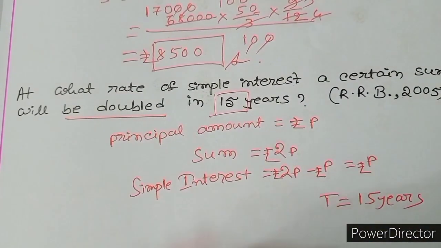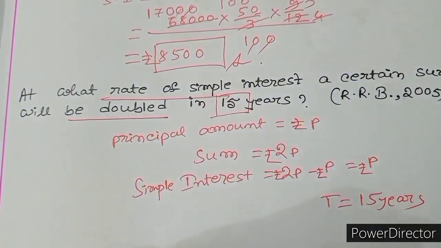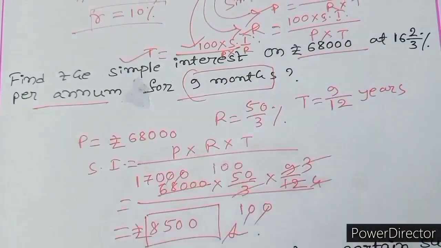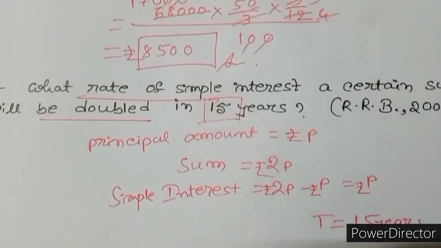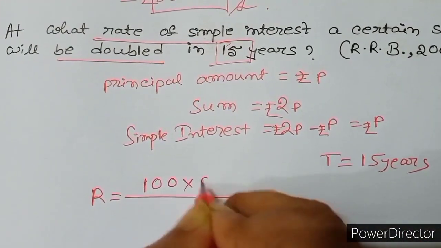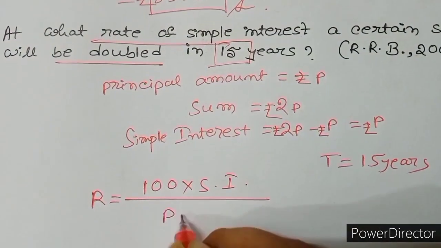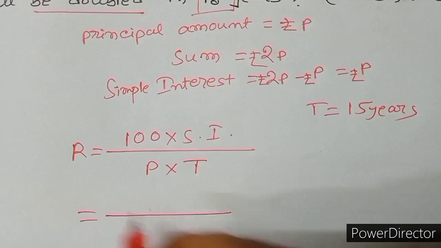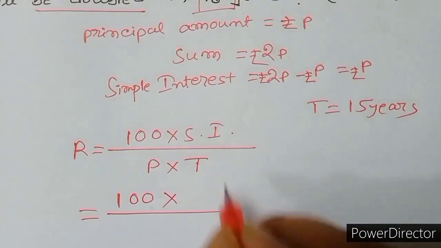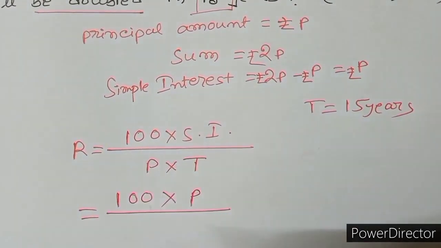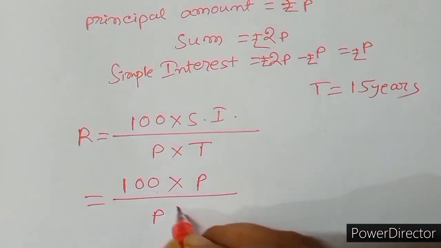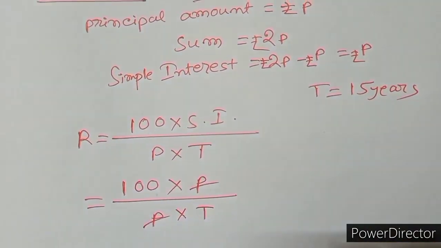So we easily calculate the rate of simple interest. We know the formula. R equal to 100 into SI by P into T. So SI means P, and the principal amount we assume P, so P into T. P and P cancel out.